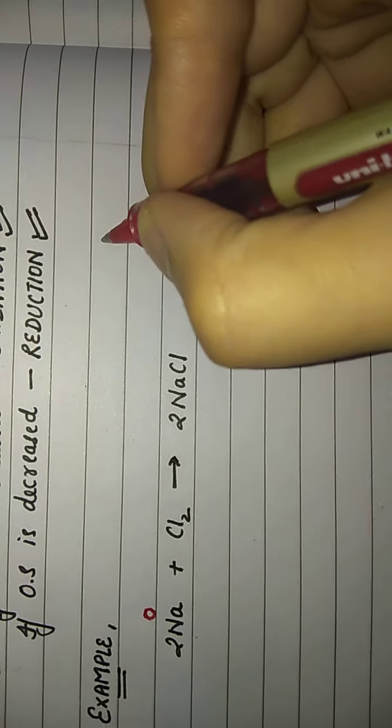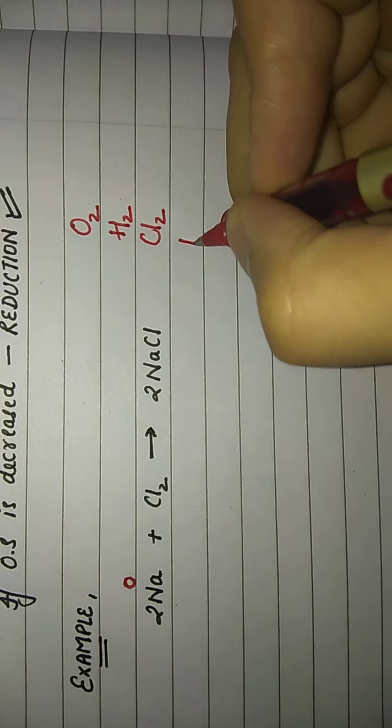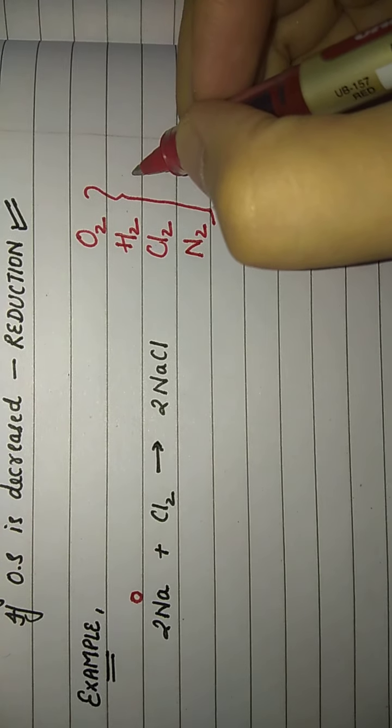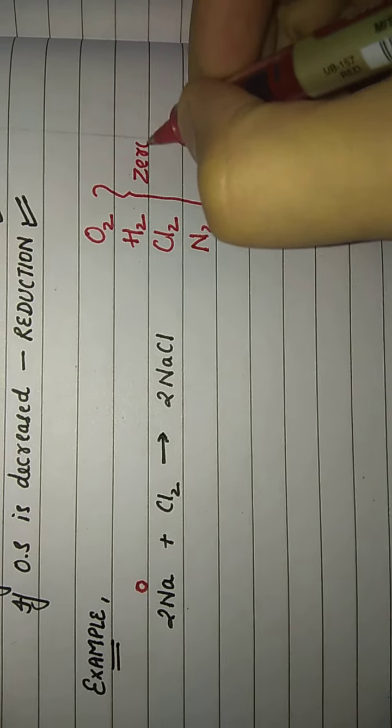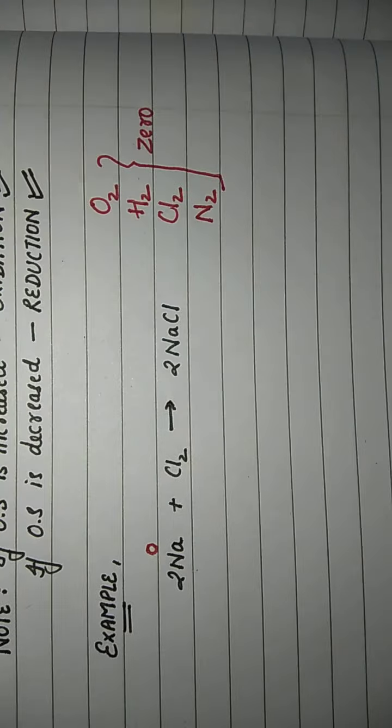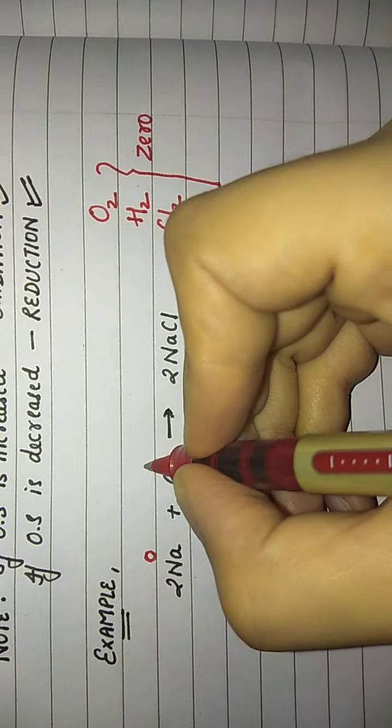Now in diatomic molecules like O2, H2, Cl2, N2, the oxidation state of atoms is equal to 0. So in the Cl2 molecule, Cl will have an oxidation state of 0.